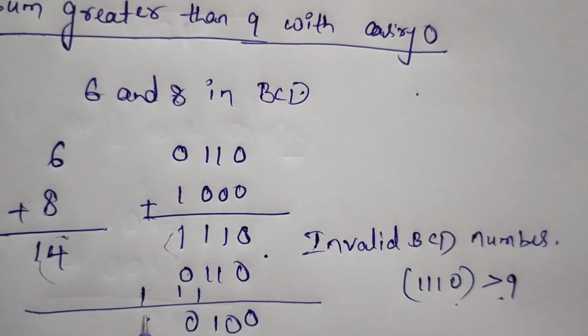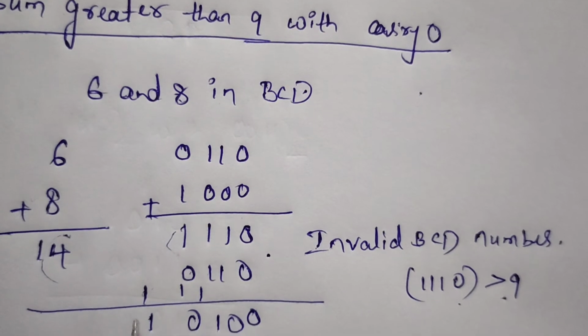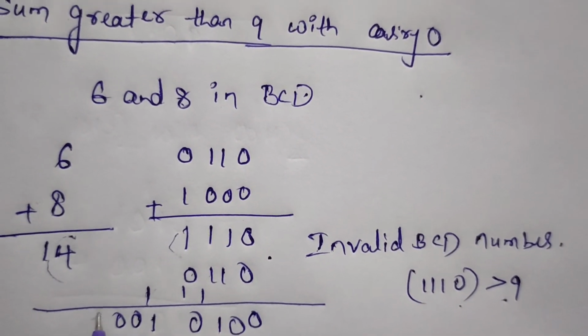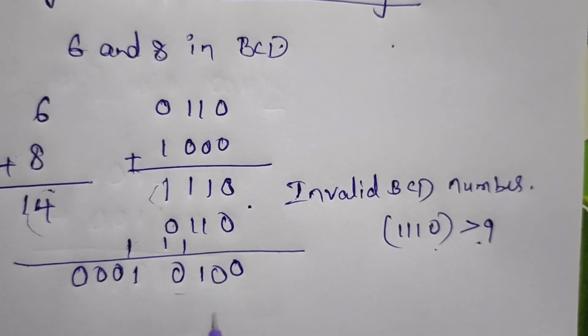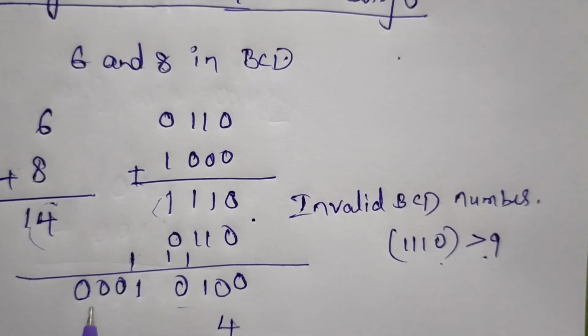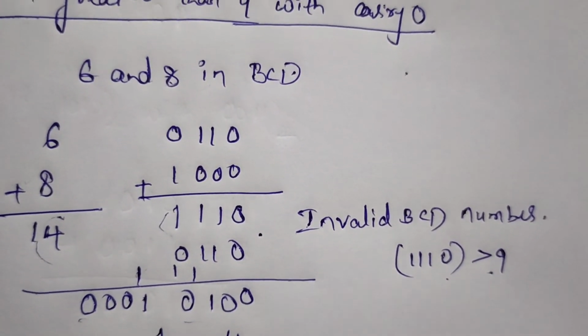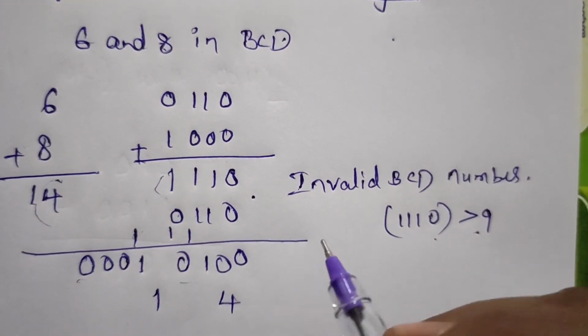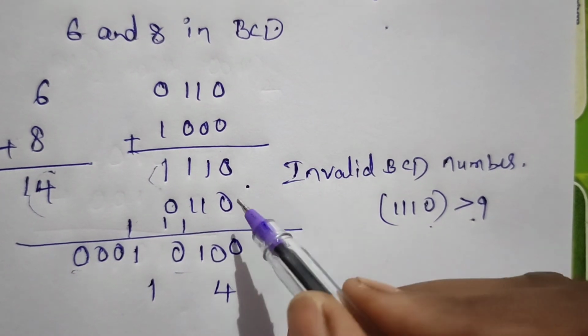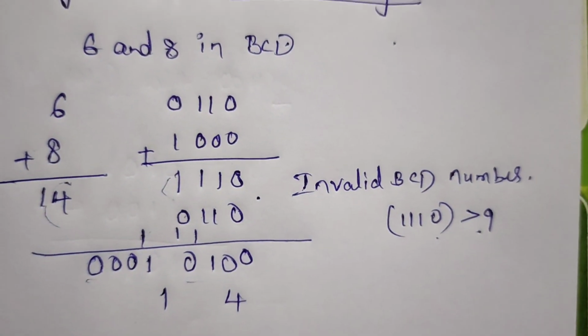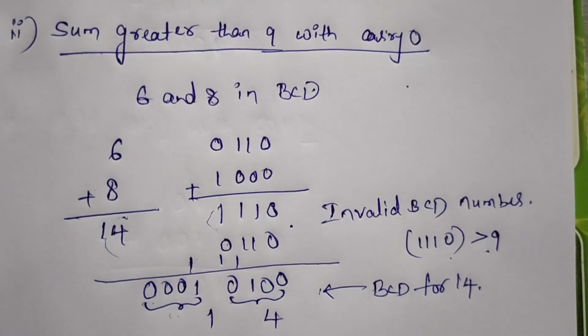It is to be written over here and preceded with 3 zeros. So the first 4 bits represent 1 and the next 4 bits represent 4. So this is corrected by adding 0110 to the invalid BCD sum. So this is the second case.